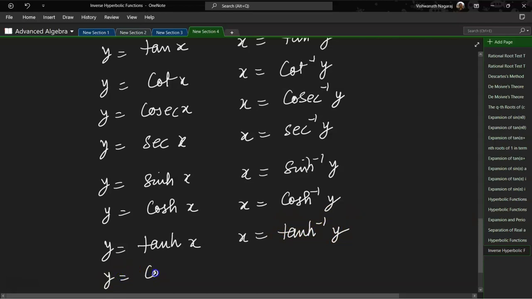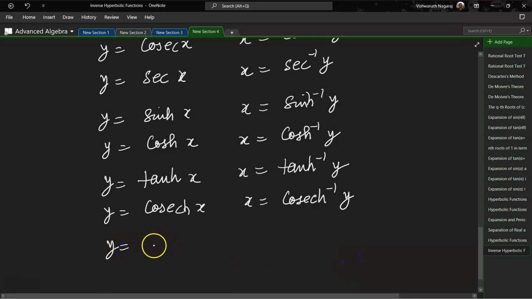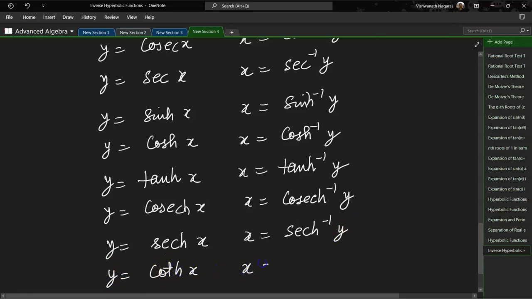Y is equal to hyperbolic cosec x, so x is equal to hyperbolic cosec inverse of y. Y is equal to hyperbolic sec x, so x is equal to hyperbolic sec inverse of y. And finally, y is equal to hyperbolic cot x, x is equal to hyperbolic cot inverse of y.